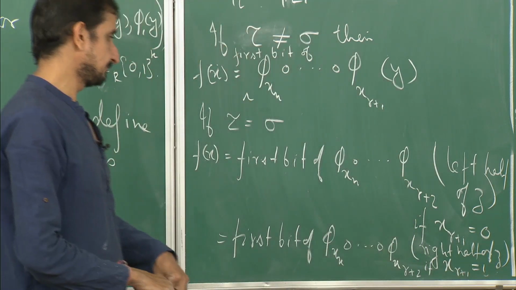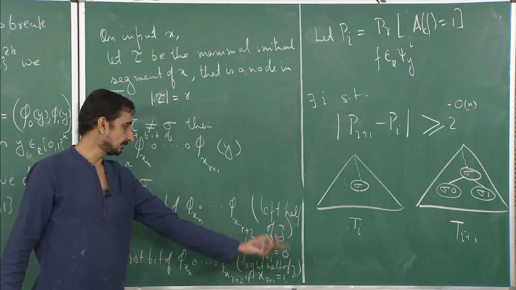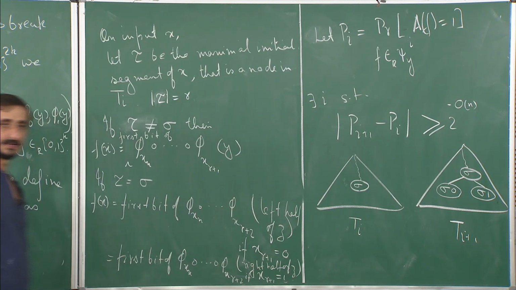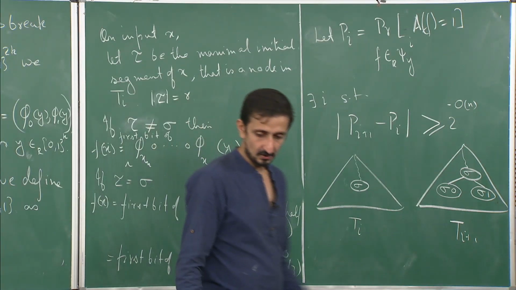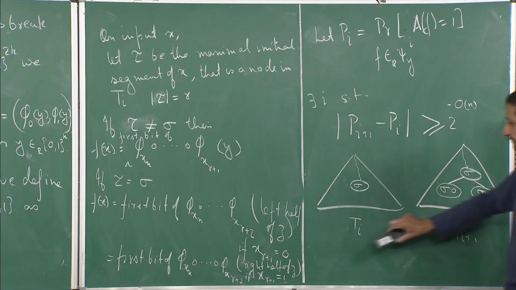Okay. So basically the other case, if x r plus 1 is 1, then I take the right half, and if x r plus 1 is 0, I take the left half of z. Okay. So now this is the definition of my function f.